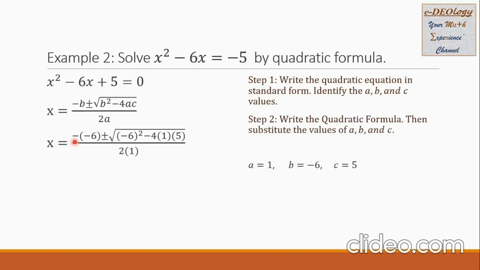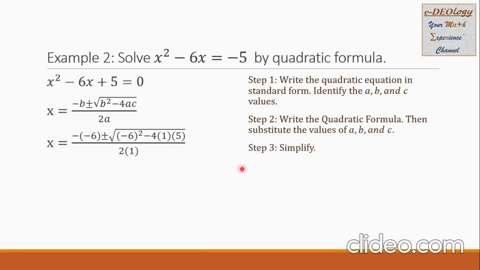So it's now negative of −6 plus or minus the square root of the square of −6 minus the constant 4 times a, which is now changed into 1, times c, which is now changed into 5, all over 2 times a, and a is 1.